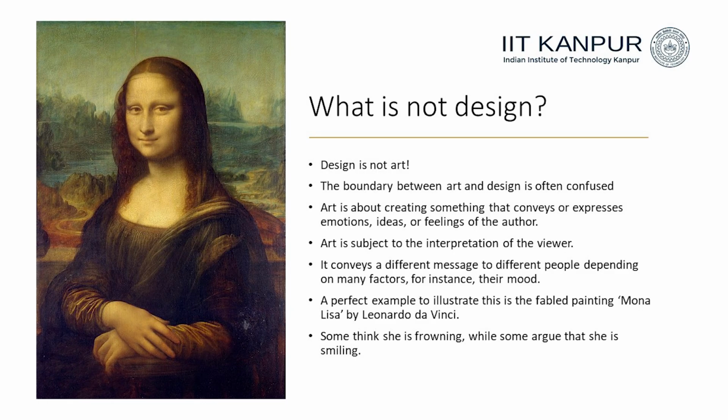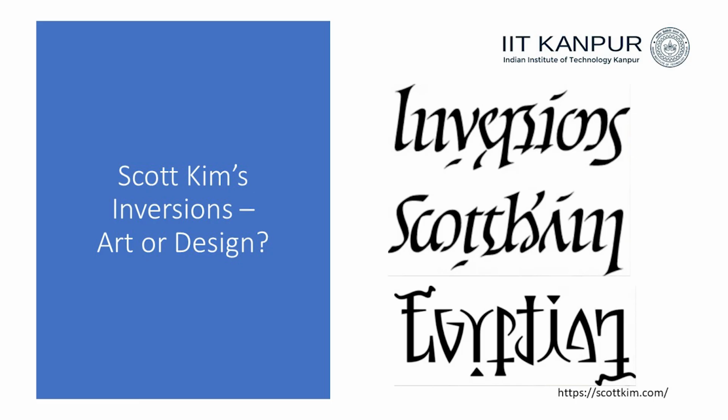You are thrilled with all the education that you are getting, and so maybe your mood is happy and you think she is smiling. Okay, so the Mona Lisa painting is a good example to illustrate this. Some think she is frowning, others argue that she is smiling.